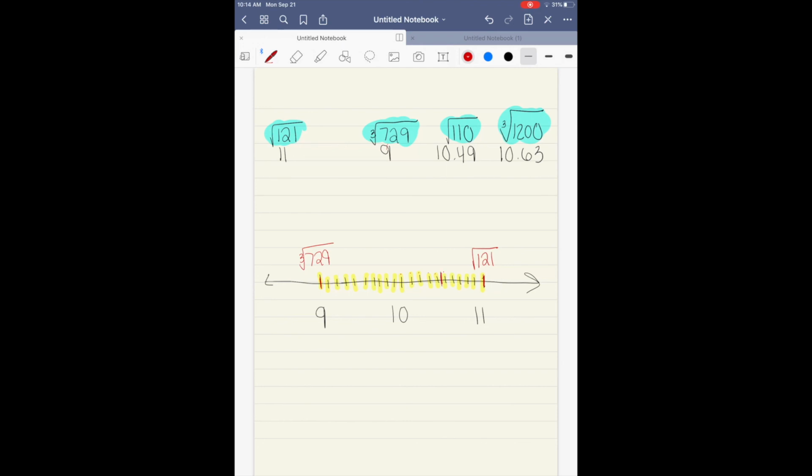I'm going to stick the notch right there and then write square root of 110 right here. And then actually our last one is 10.63, so we're going to be really close to that square root of 110 right here. And this is going to be 10.6-ish. So that's where the cube root of 1200 goes.